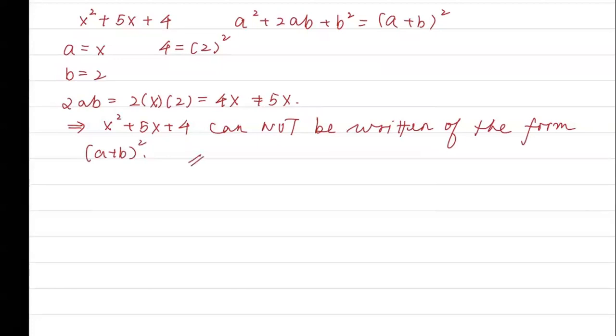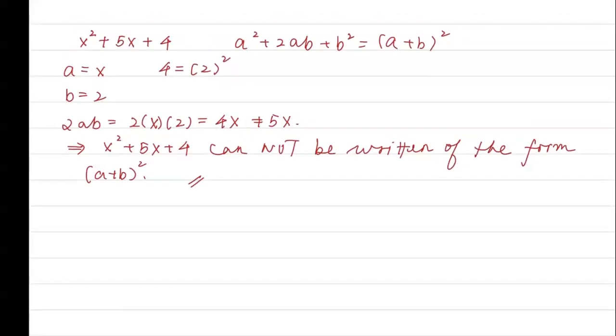I'm showing you this example because for all the questions that we have seen in the homework, we did 3 examples, right? In all 3 examples, we were able to write the expressions of the form (a plus b) squared, but it's not the case all the time.